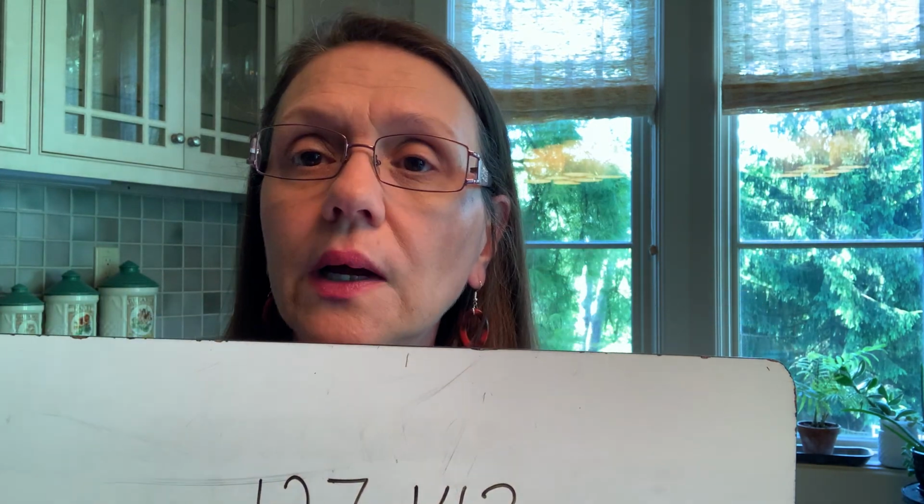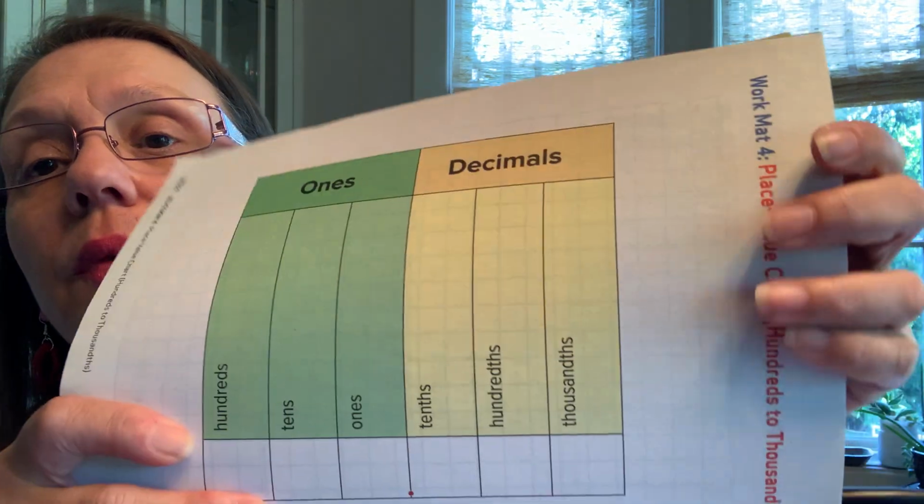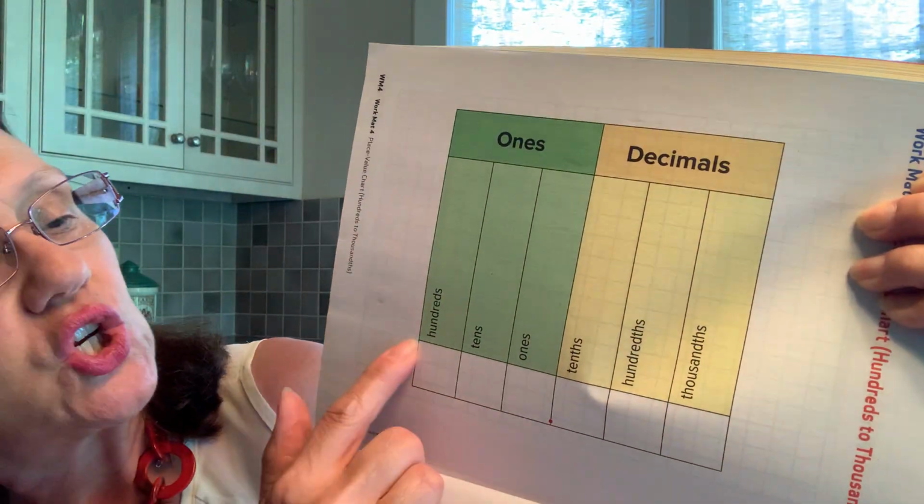That's the dark side. So we have another work mat in our MyMath book for that. And it is again at the back of your MyMath book. Here it is. So it shows you your ones. There's the decimal. Now, see that little tiny decimal there? That doesn't work for me.